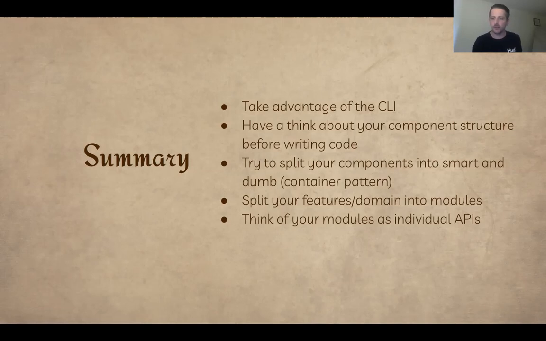Like if you've got a load of date pipes or something like that, they might go into a little date module. Generally we do have a shared module, but as Tom says, they can get a bit big. It's fine. Just don't treat it as, I don't know where this goes, I'm just going to put it in shared. It is app wide, domainless kind of thing.